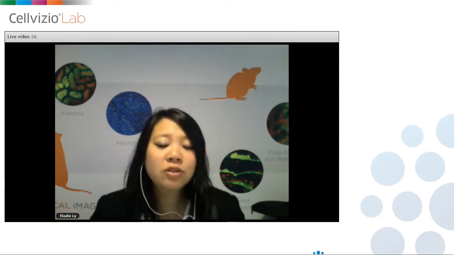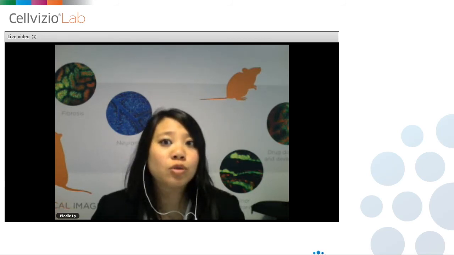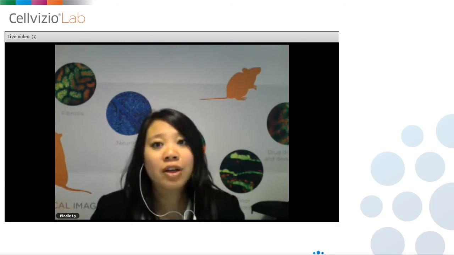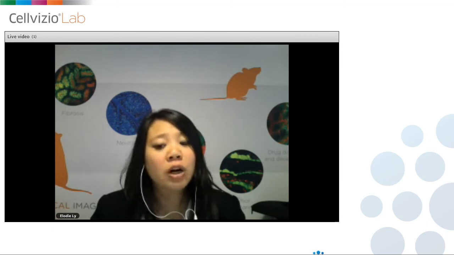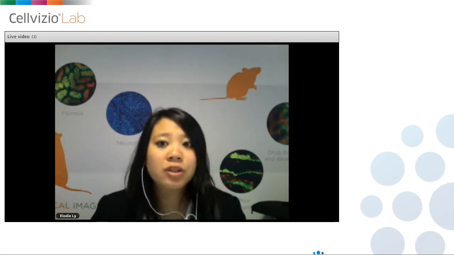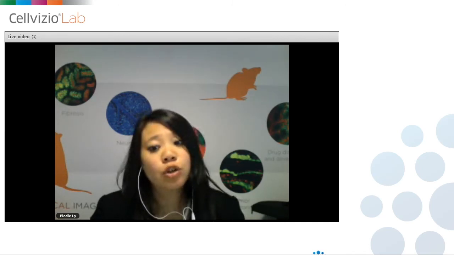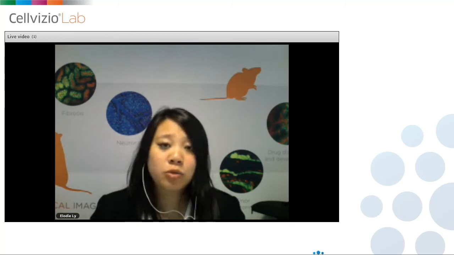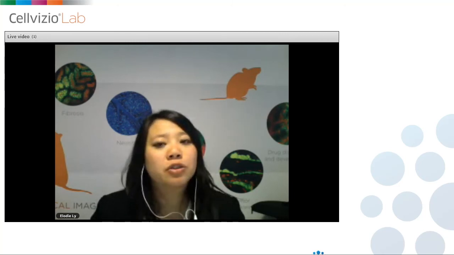Depending on the phenomenon that you want to image, if it's extravasation, for example, you can choose the molecular weight of the dextran molecule. If you are looking only at vasculature, then you can select a high molecular weight dextran so that you can be sure that it will remain within the vasculature.